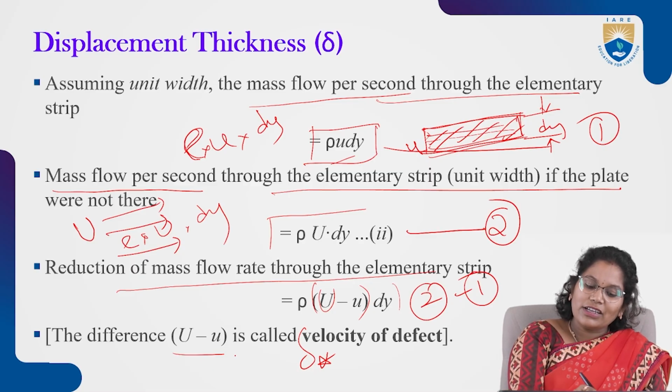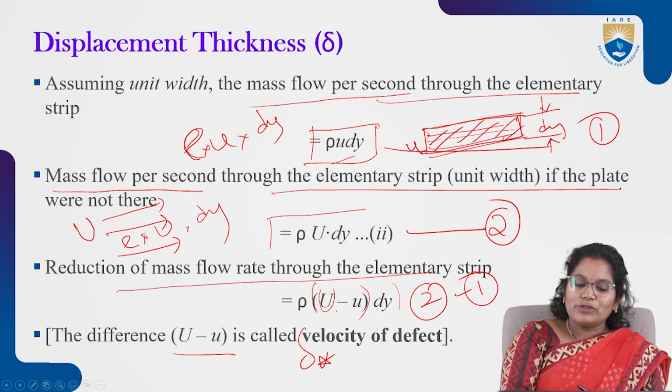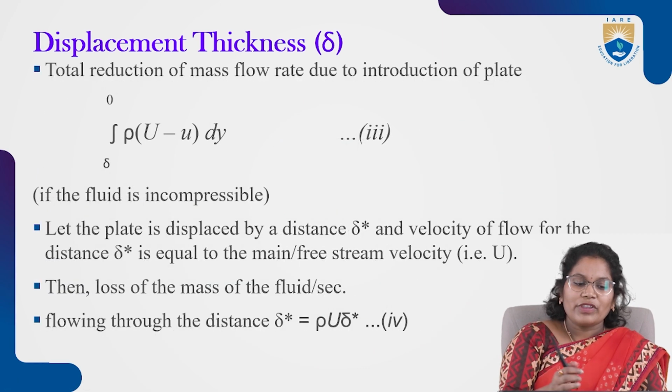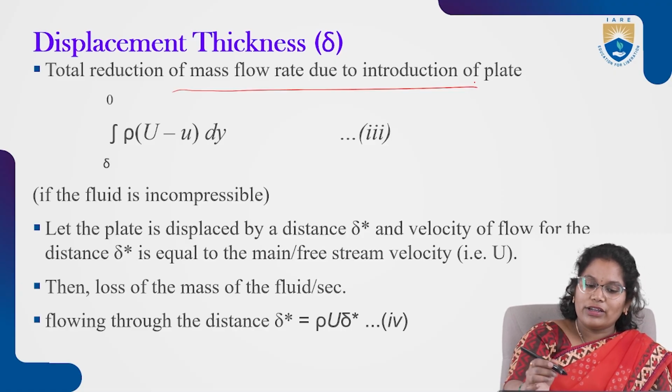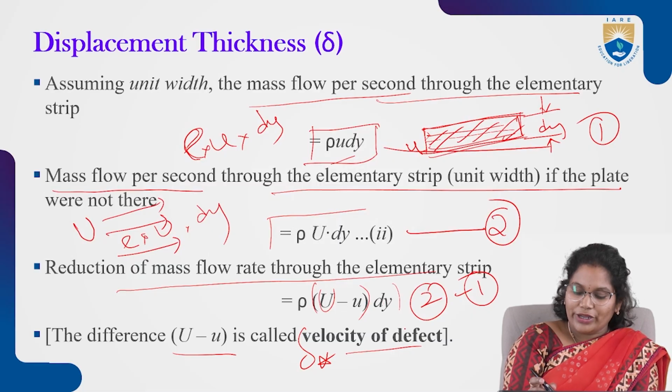What is this? This is the velocity of defect. The difference between capital U and small u is called the velocity of defect.